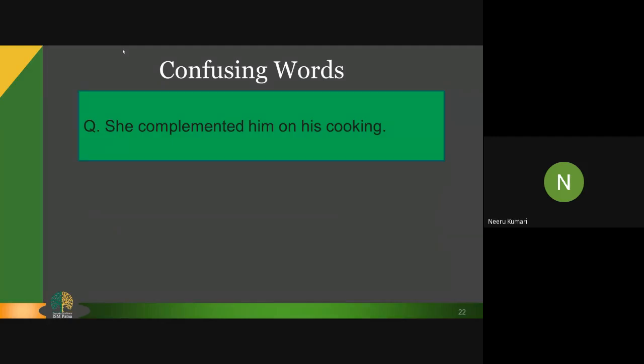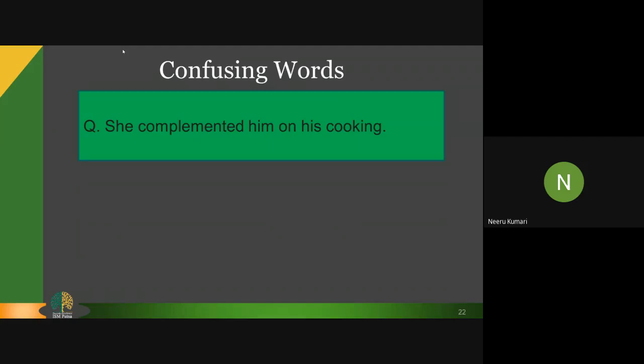She complemented him on his cooking. Now there is again a word which is confusing and wrongly used in the sentence. Could you identify the right word, and can you replace the wrong spelling mentioned in this particular sentence with the right word?